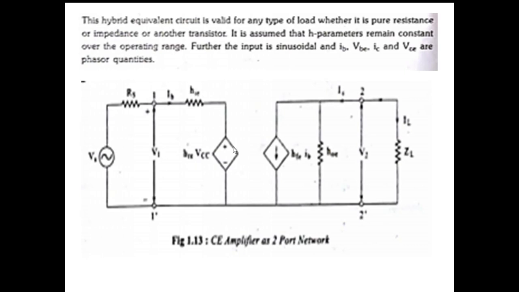In order to calculate the voltage gain, current gain, input resistance and output resistance, let us consider 1 dash as the input terminals and 2 dash as the output terminals. This is IB, this is IC, this is IL, the load current. This load current is opposite to this IC.